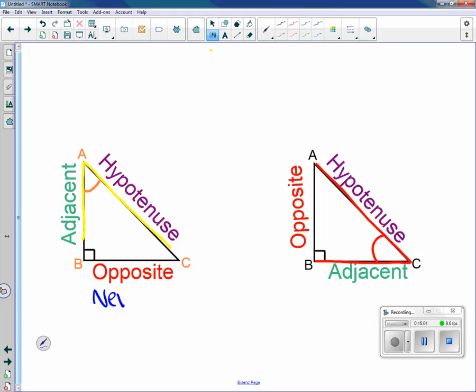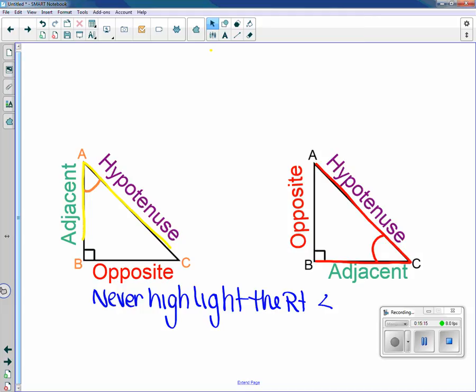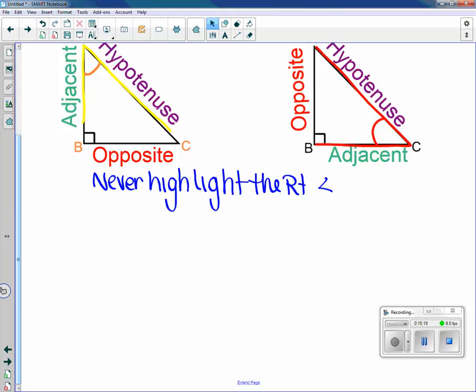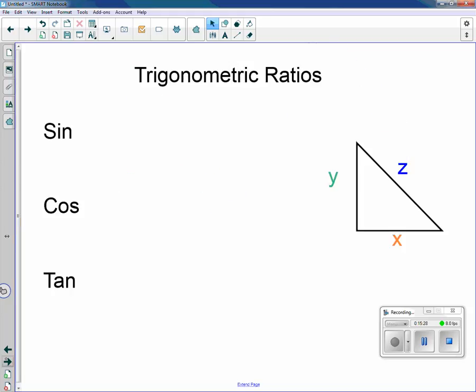Never highlight the right angle. Never highlight the right angle. All right, so now we're going to talk about these trig ratios. Here they are. I'll give you 3 seconds to write this down.